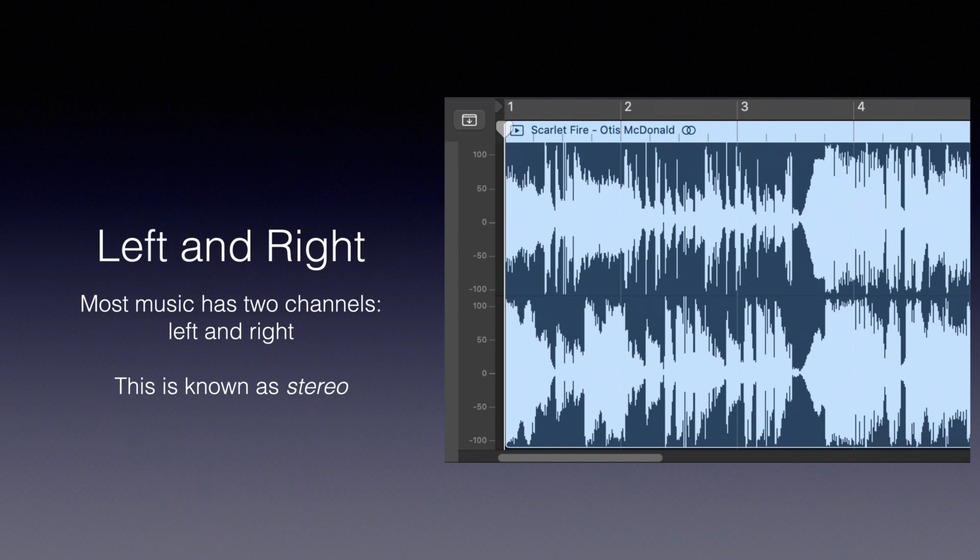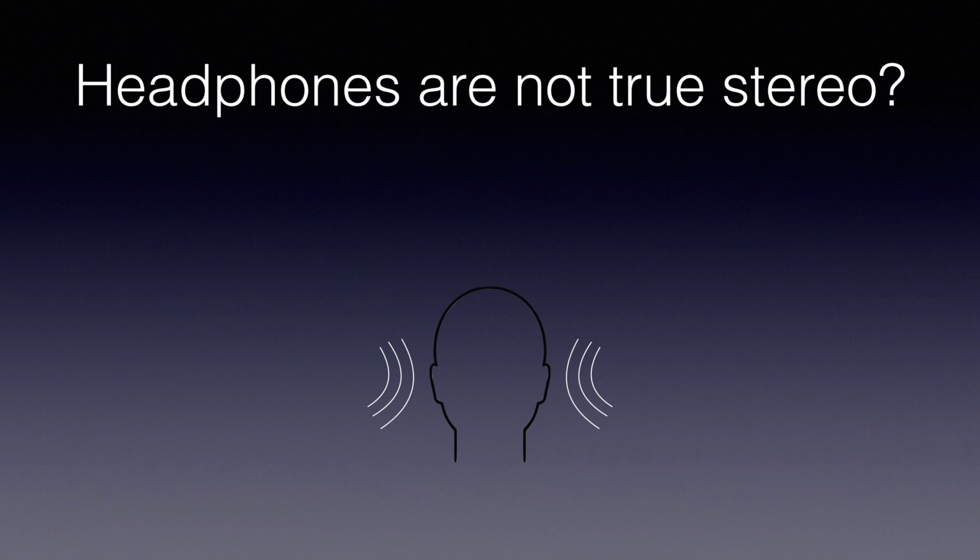Alright, so I mentioned spatial audio. What is it? So an audio file for your music will have two channels, a left and a right. And this is known as stereo. So when you're using headphones, it pumps the left channel into your left ear and the right channel into your right ear. Makes sense, but why is that not true stereo?